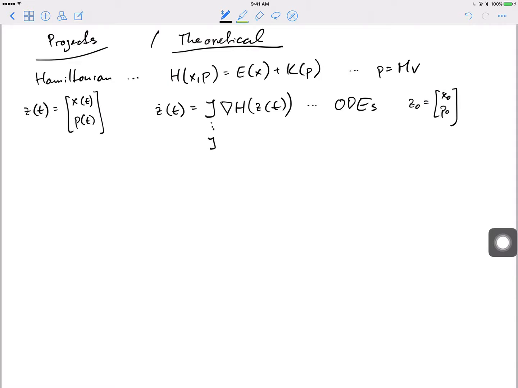This J matrix, as I said many times, is zero, identity, minus identity, zero, and this is called the phase space. The one thing I would like you to remember is that the Newtonian motion is flow in phase space.